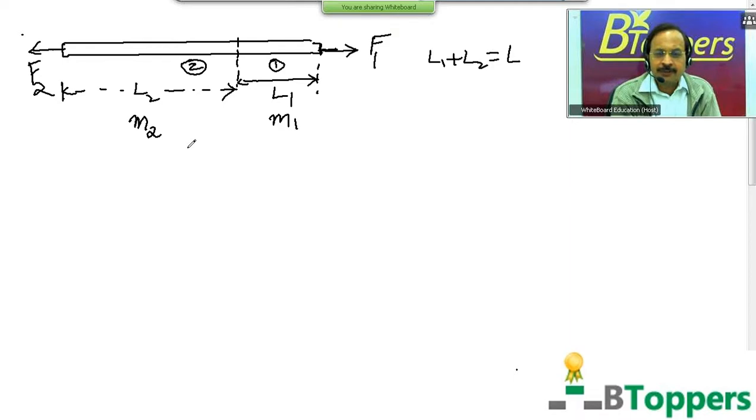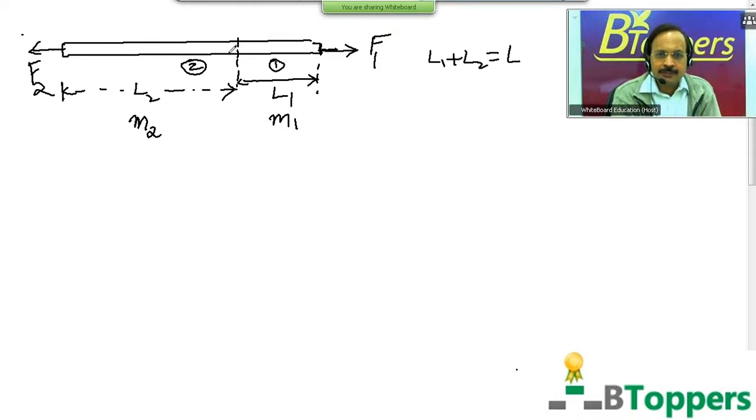Let us suppose F1 is greater than F2 and the rope is moving towards right with some acceleration A towards right. So during this motion towards right, the first part of the rope pulls the second part towards right.